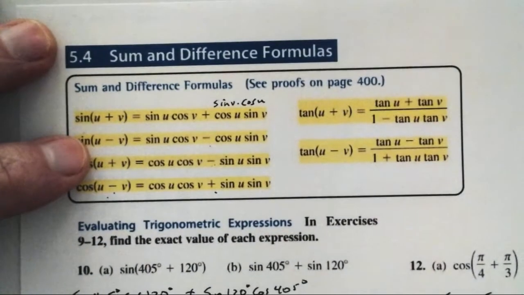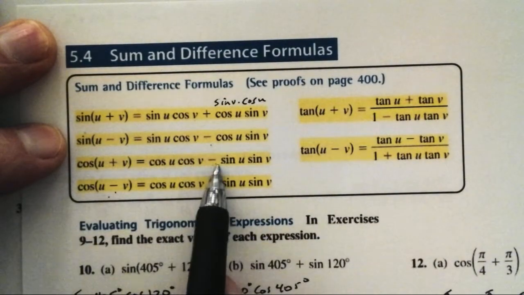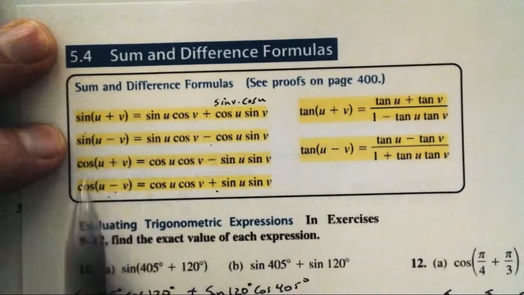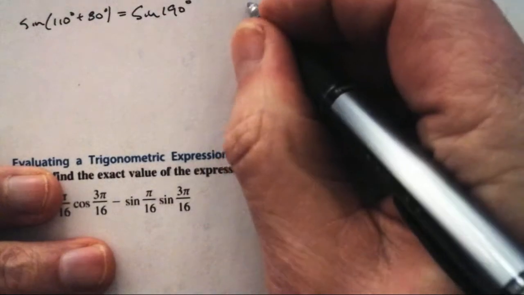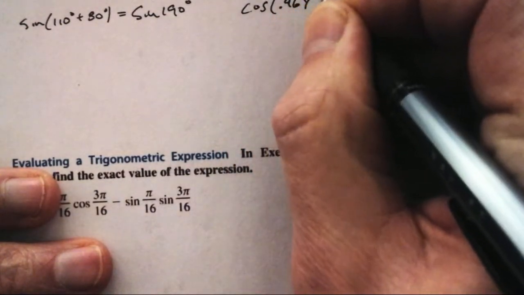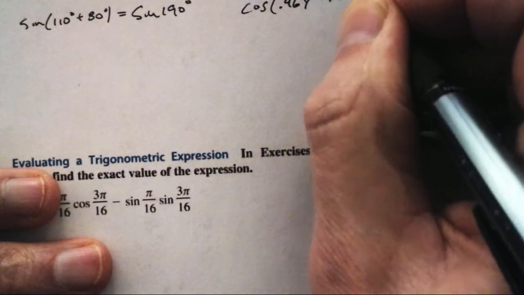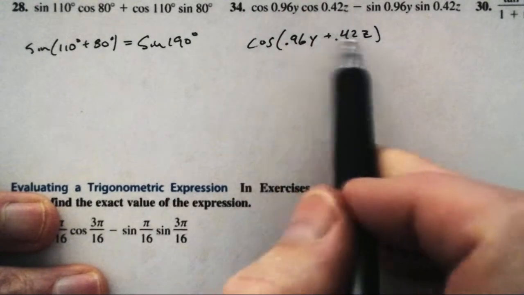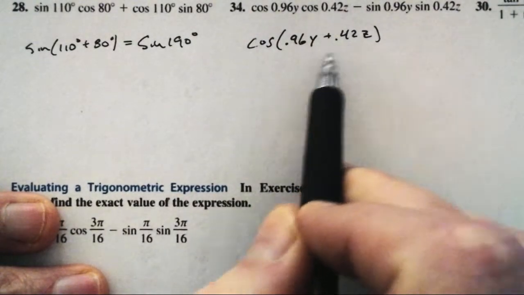Cosine cosine minus sine sine is cosine of sum. So this becomes cosine of, add the angles together, 0.96y plus 0.42z, and it seems like we should be able to do something with that, but we are stuck at that point.